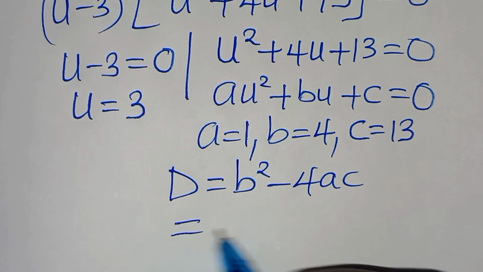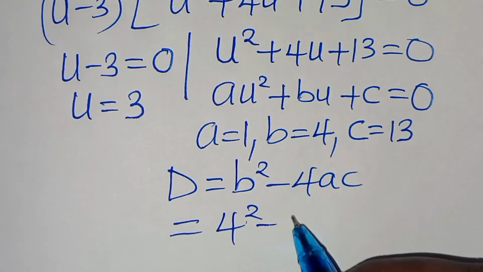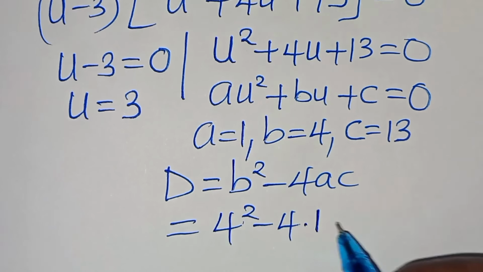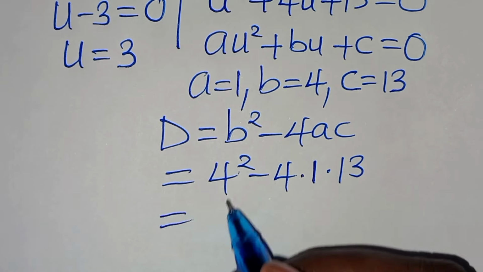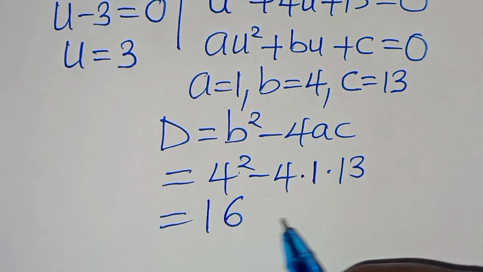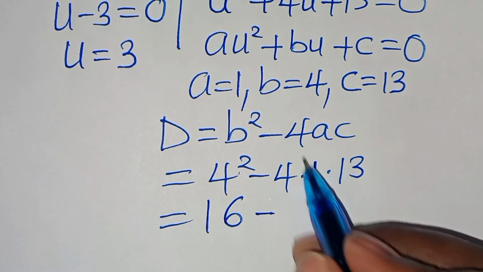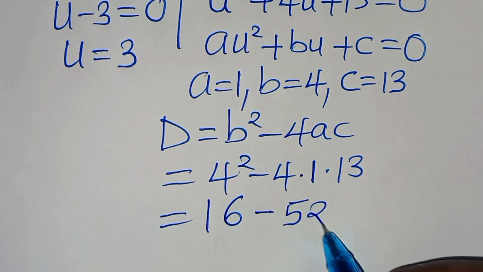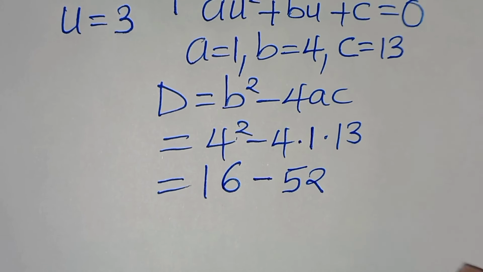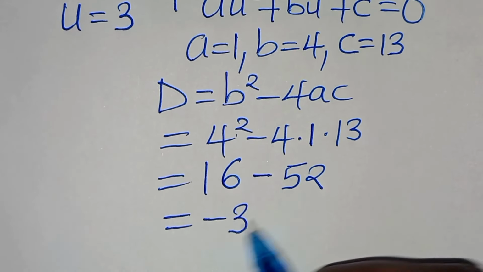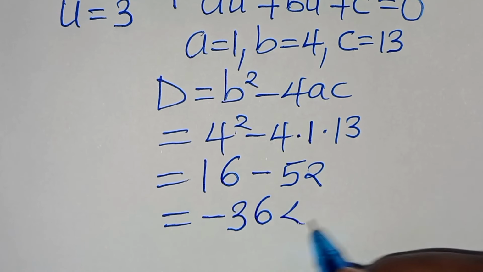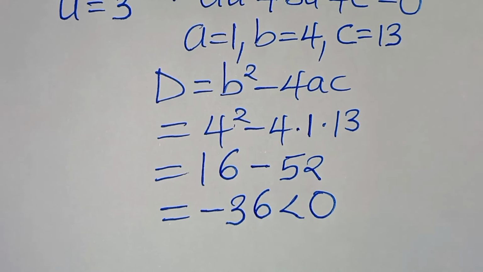So here we'll have 4 squared minus 4 times a, which is 1, times c, which is 13. Now we have 4 squared, this is 16, minus 13 times 4, this is equal to 52. So 16 minus 52, this is equal to minus 36, which is less than 0.